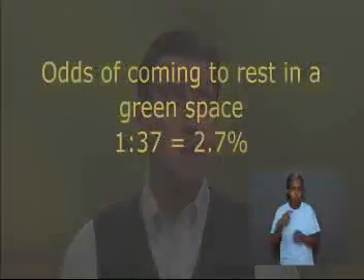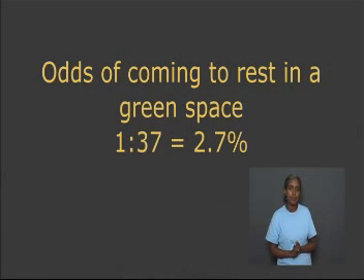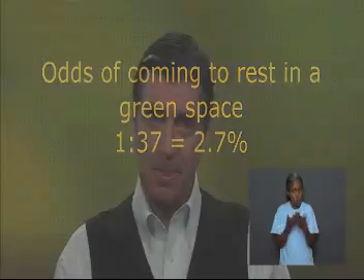The chances of the ball coming to rest on a green space are even lower. Since there is only one green space on the wheel, the chances are 1 in 37, or 2.7%. Not very good odds.